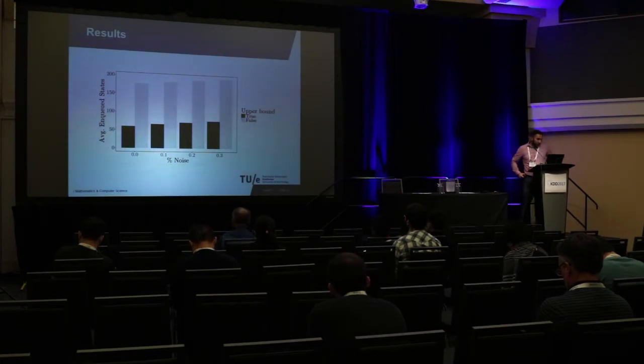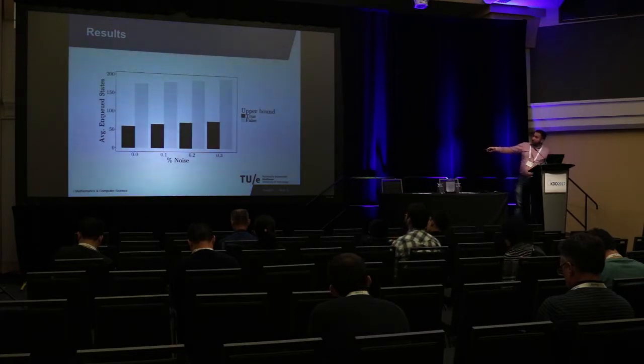Here, these are for the synthetic data sets. On the x-axis we have the percentage of noise that we are adding, and on the y-axis we have how many states are enqueued in order to apply our search algorithm. That means lower is better.